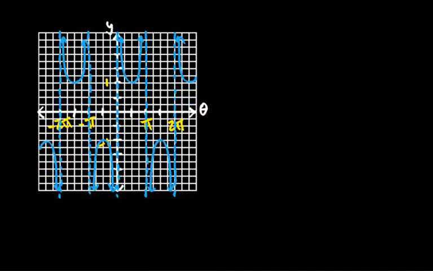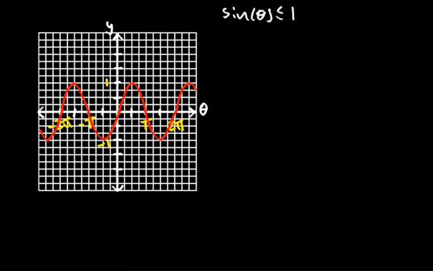So this is the sine graph, the familiar sine graph. Basically, we know that sine of theta is restricted between -1 and 1, between that max and that min. And we'd have a bunch of maxes and a bunch of mins everywhere.